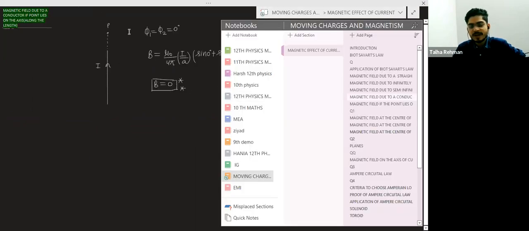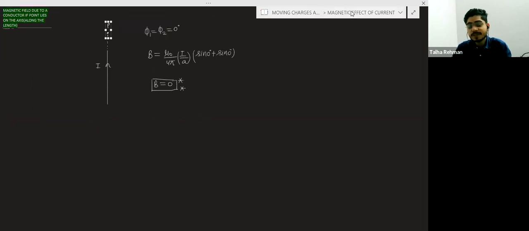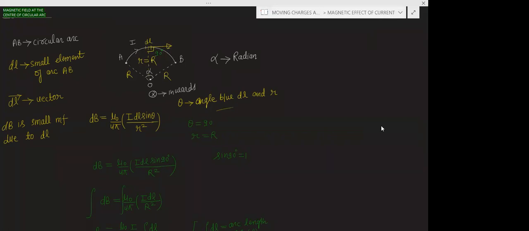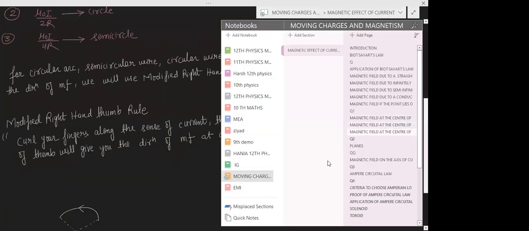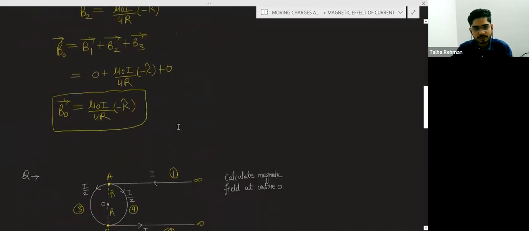Due to a point that lies along the length, the magnetic field will be 0. So these points you should know for the numericals. And here we have done yesterday this circular arc, semicircular wire, and we have done the questions also.